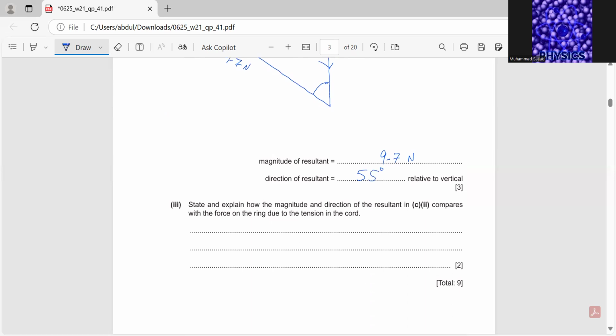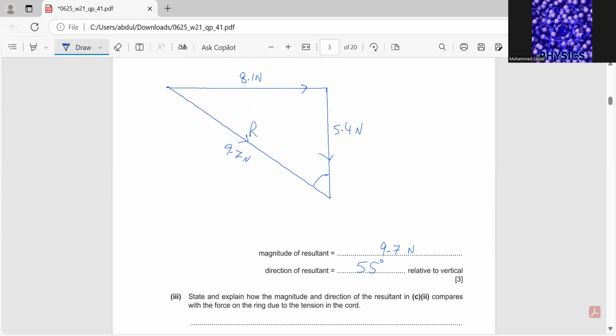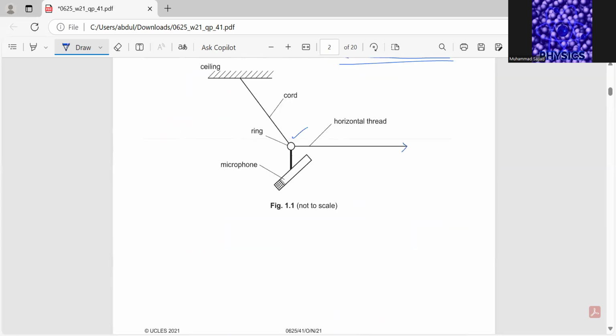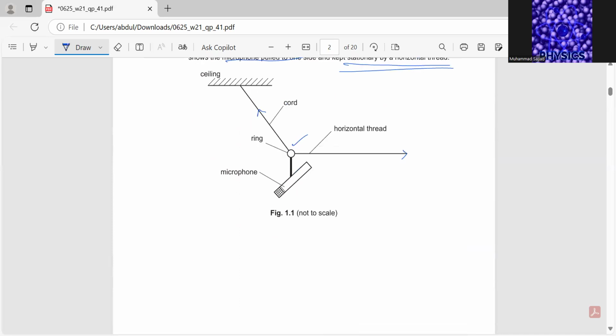Explain how the magnitude and direction of the resultant in part (c)(ii) compares with the force on the ring due to the tension in the cord. This is the resultant, and this is the tension in the cord.